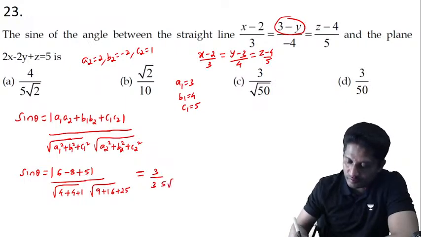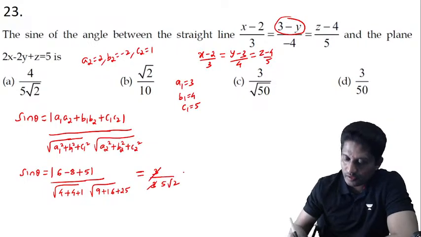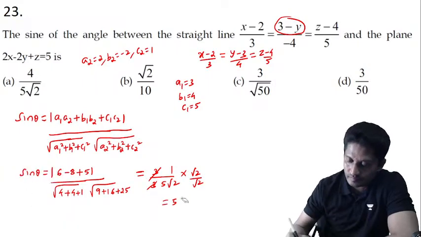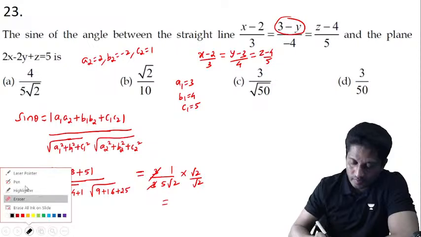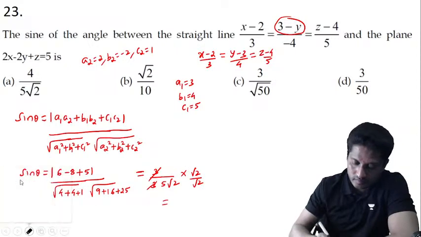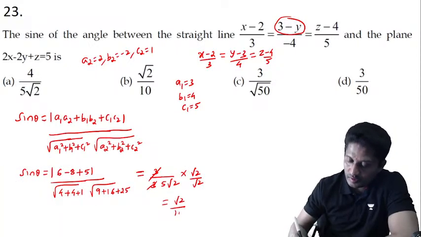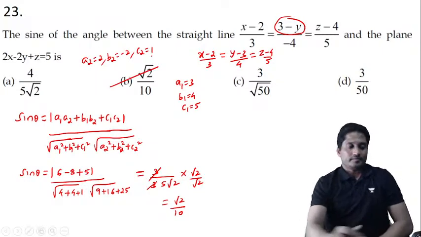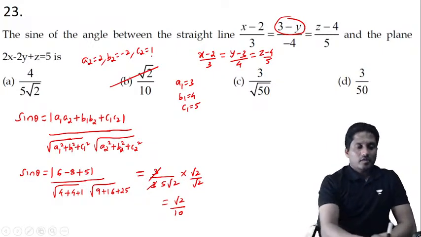Root of 50 is 5 root 2. This will cancel. You still don't have an option like this, so multiply and divide by root 2. You get 5 root 2 by 10, so this is root 2 divided by 10. Answer is option B. You understand, guys?